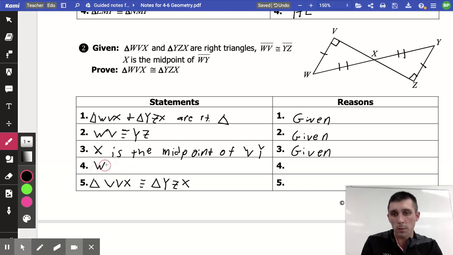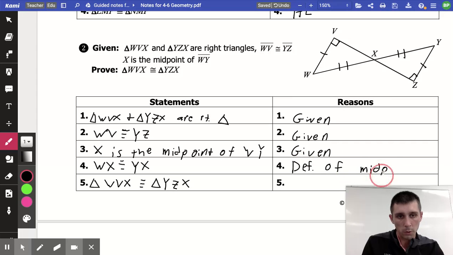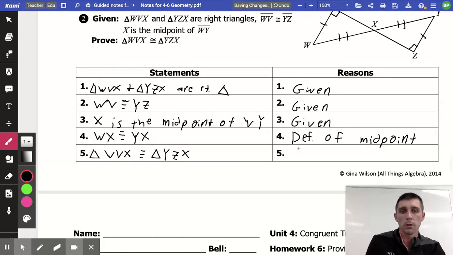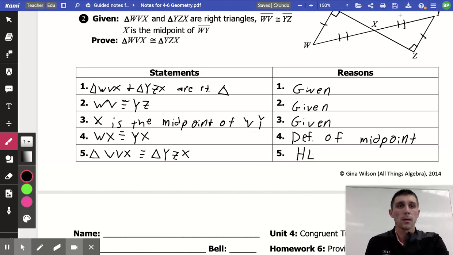So therefore, WX is congruent to YX by what? By definition of midpoint. Okay? And then the last one. So how do we know that the triangles are congruent? Well, it's a right angle, so hypotenuse leg. All right? There you go.